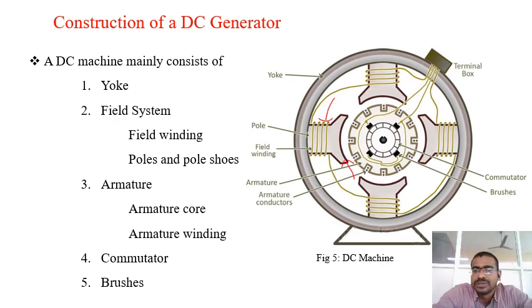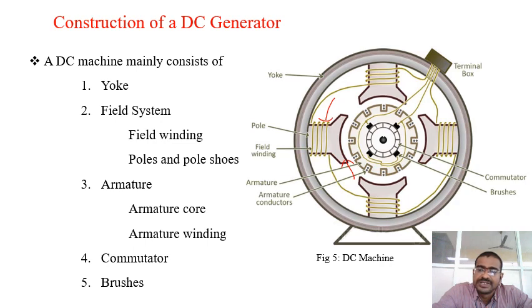The shape of the pole shoe is curved in order to distribute the flux uniformly, and the field winding is arranged in such a way that it produces alternating magnetic poles. Once the field winding is excited with an external DC source, it carries DC current and produces the magnetic field. That field is known as the main field, and inside that field system the armature is placed.